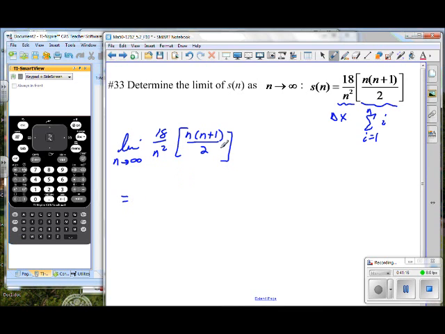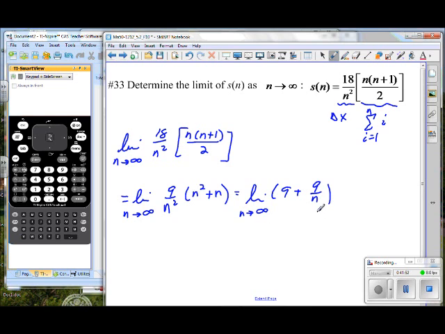If we consider that 2 divides into 18 9 times, and n squared can have a common factor that we can cancel out, we could say that this is, well, let's start with n divided by n squared times n squared plus n, which would be the same thing as the limit as n goes to infinity of 9 plus 9 divided by n.